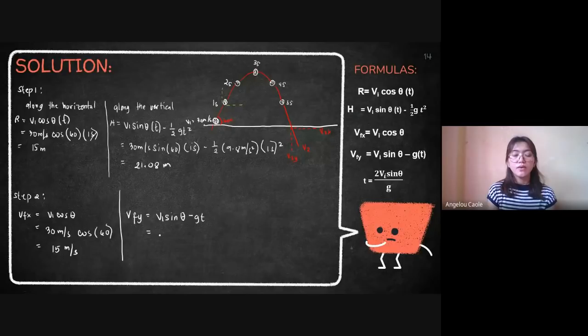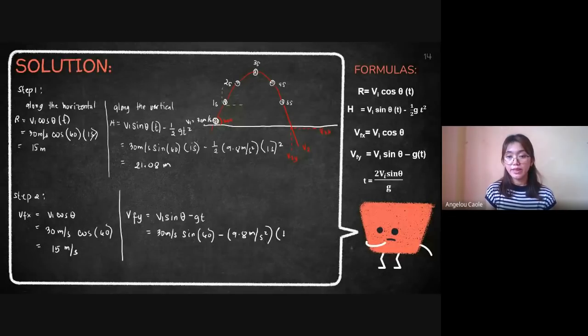So we have Vi is 30 meters per second sine, and then the angle is 60, minus 9.8 meters per second squared times 1 second.